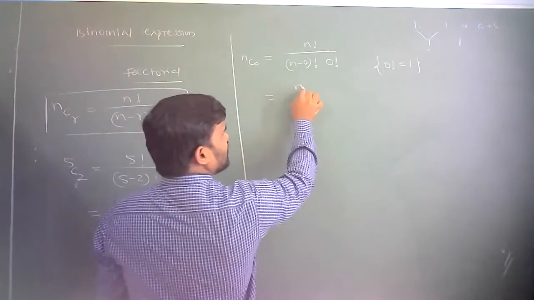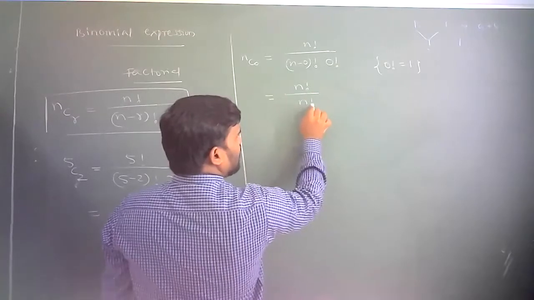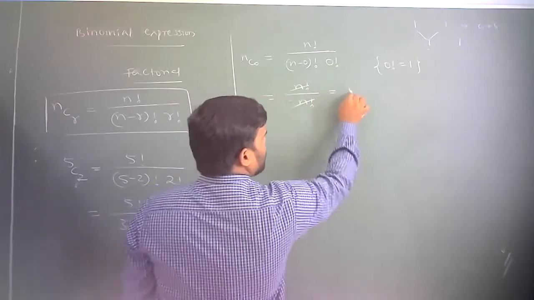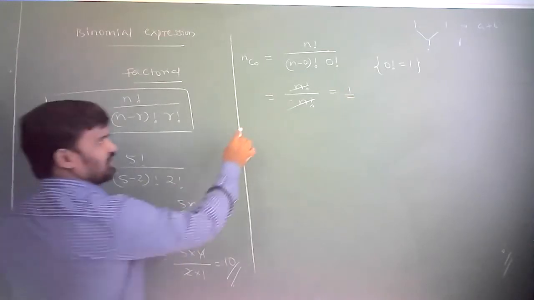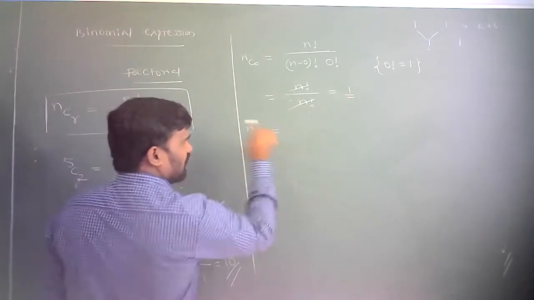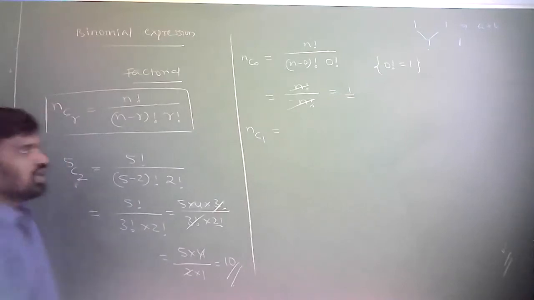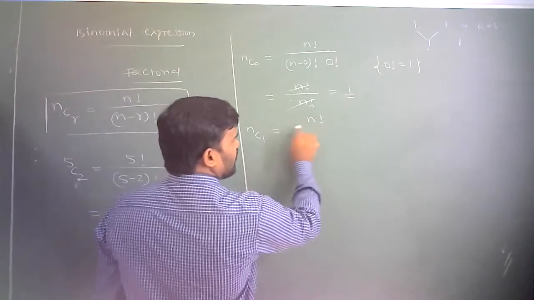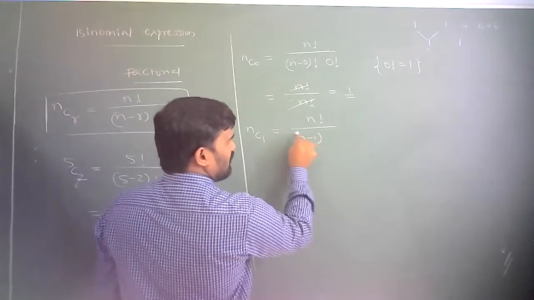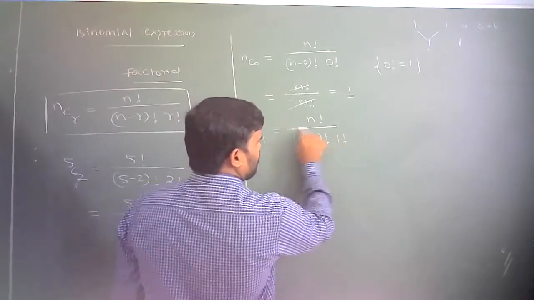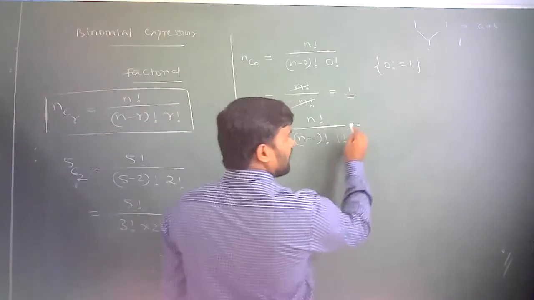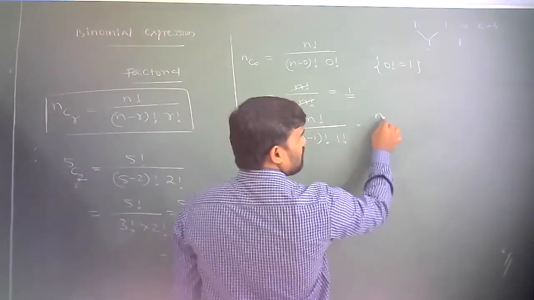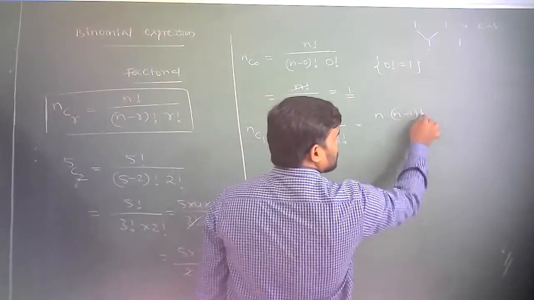So hence we can write n factorial by n factorial. These two cancel, and the value is equal to 1 only. Similarly, suppose I am writing NC1 now. NC1 means n factorial by (n minus 1) factorial into 1 factorial. So n factorial means n into (n minus 1) factorial.